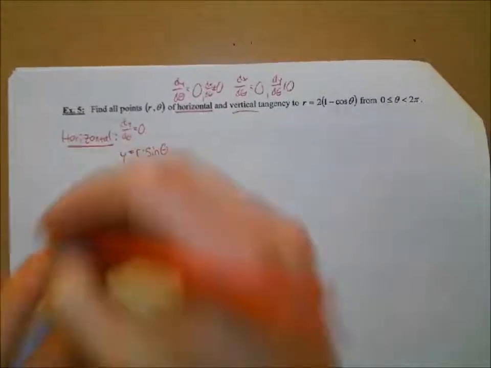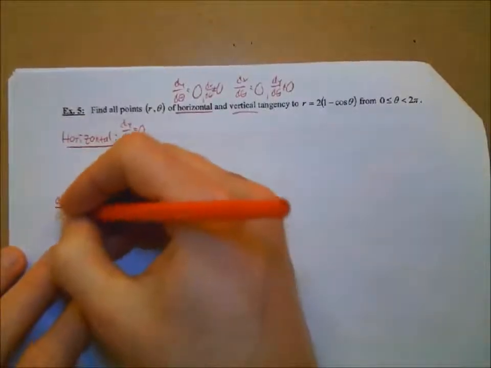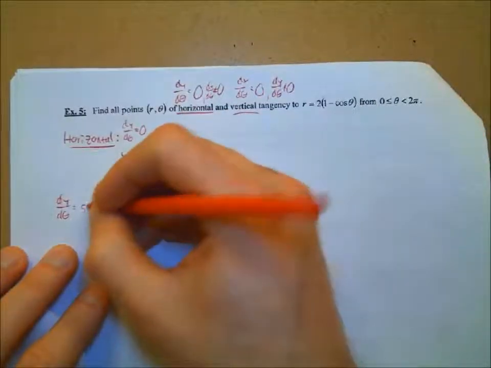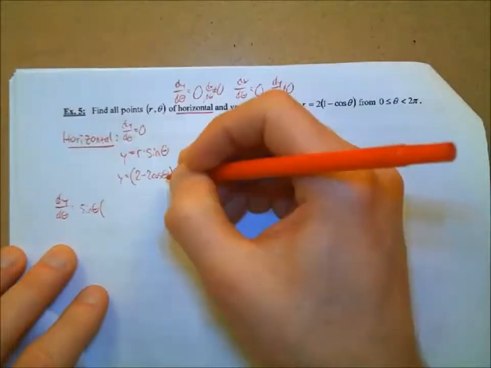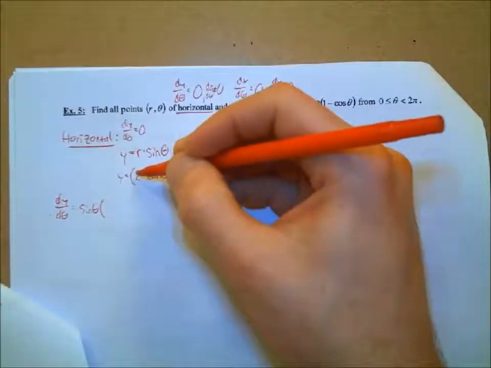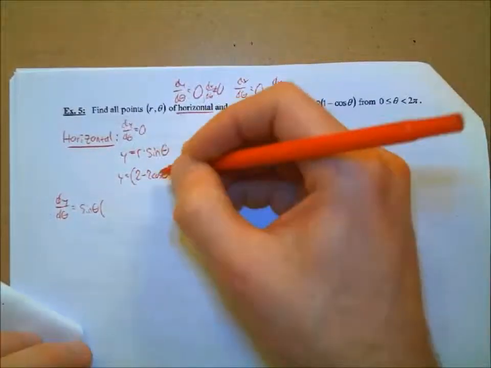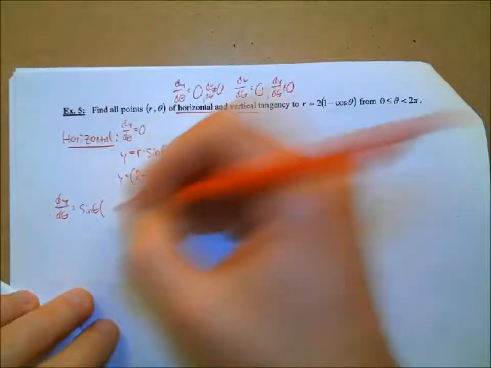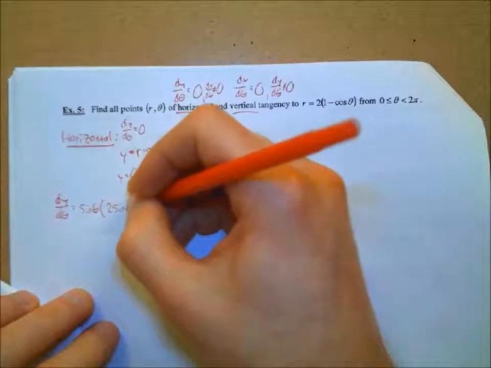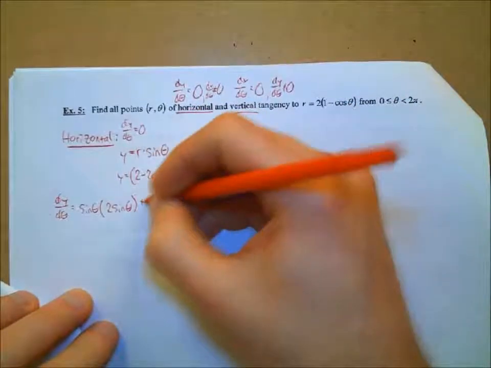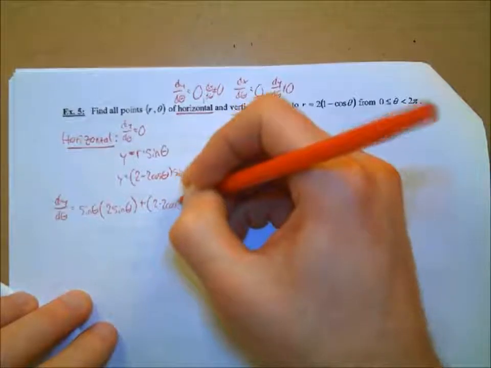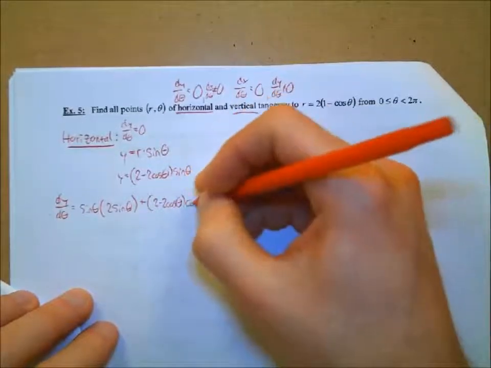Take the derivative. Okay, so we'll do dy d theta, and it's a product rule, exactly right. So second, sine theta, times the derivative of the first. So the derivative of 2 will be 0, but then minus 2 times cosine theta. Derivative of cosine is negative sine, so you get positive 2 sine theta there. Plus, and then the first times the derivative of the second, which for sine is just cosine.